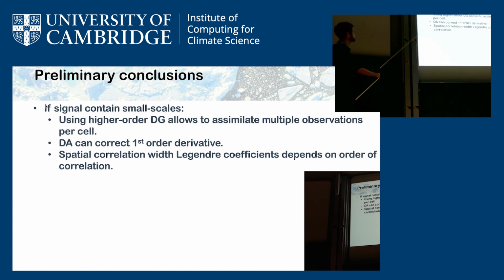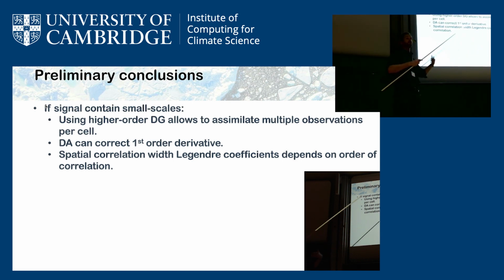Okay, so the conclusions. If you're doing DA in a DG model, it is sensible and it is possible to assimilate multiple observations per grid cell. If you do so, you can correct not only the zeroth order, but also the first order derivative.